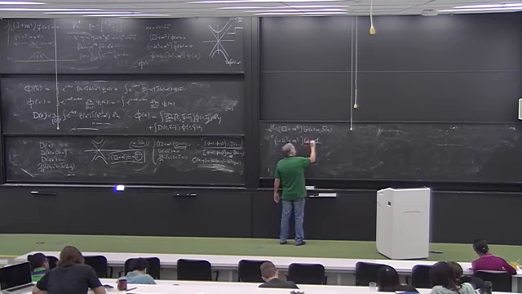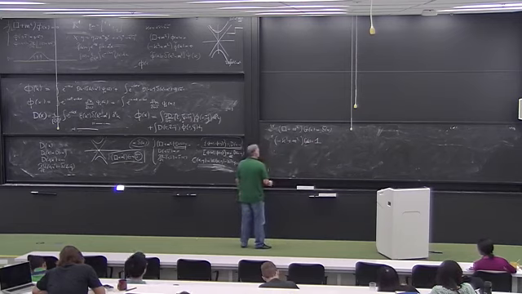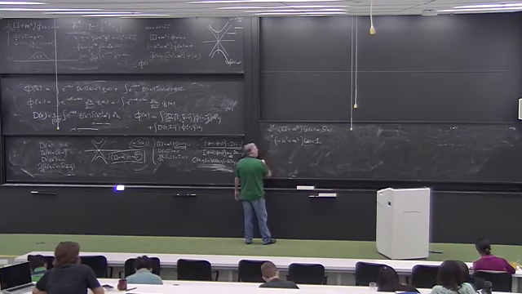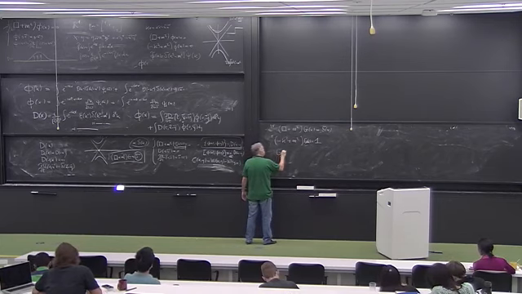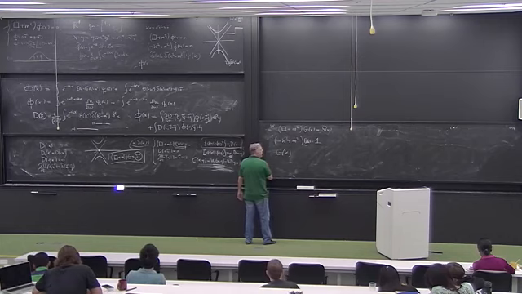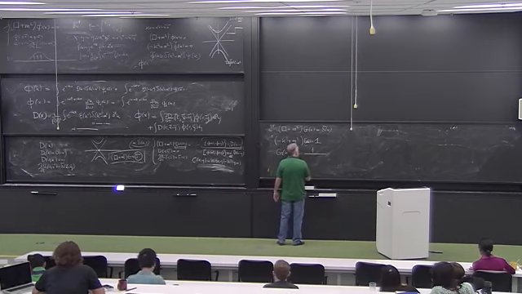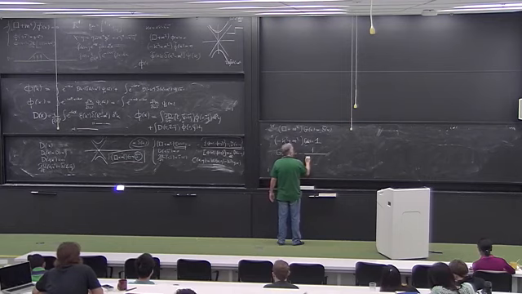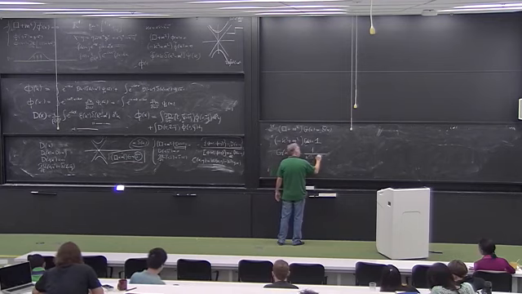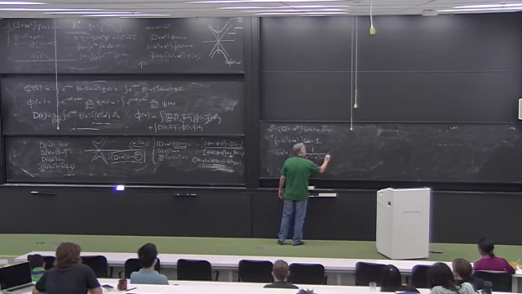I'm telling things that you all know very well, so I'm maybe a little bit fast. So that G of k is minus 1 over k0 squared minus k squared minus m squared.